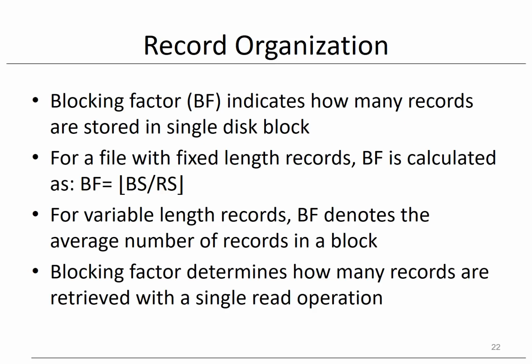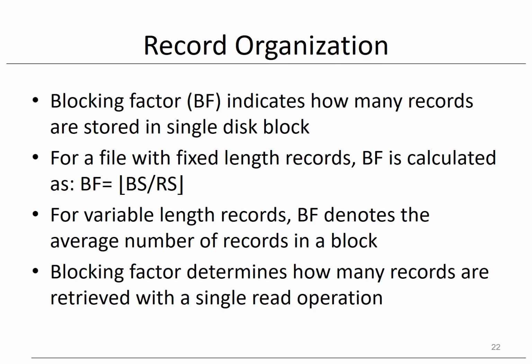Another important concept is the blocking factor, BF. The latter indicates how many records are stored in a single block. For a file with fixed length records, BF is calculated as follows: the floor of BS divided by RS. BS denotes the block size and RS is the record size, both represented in bytes.